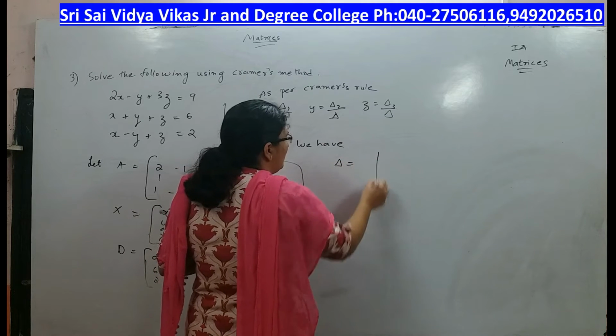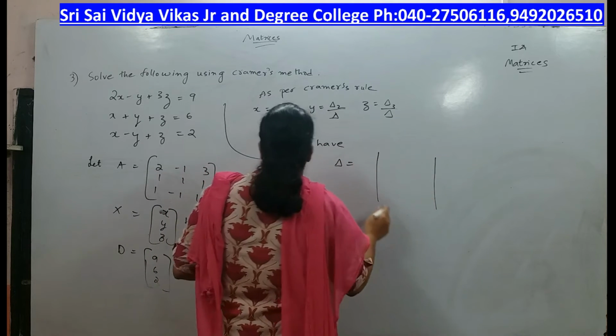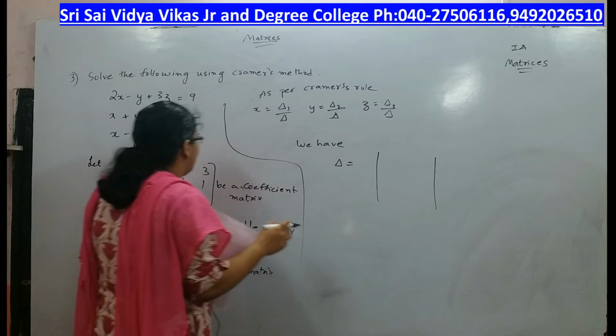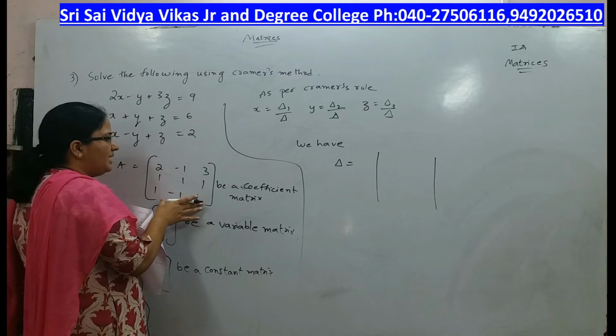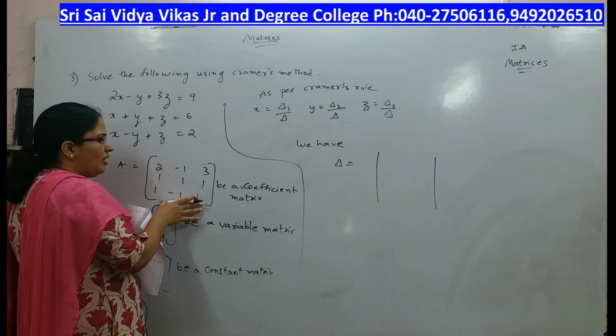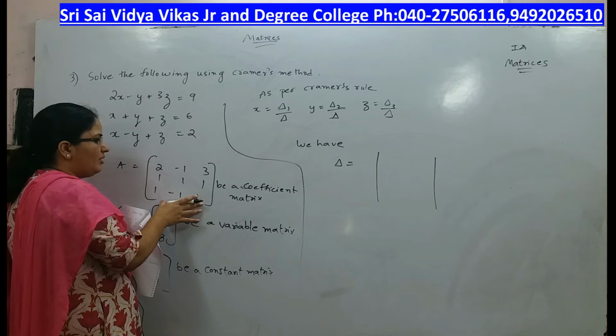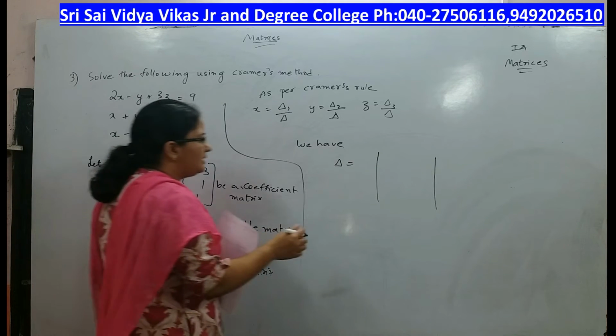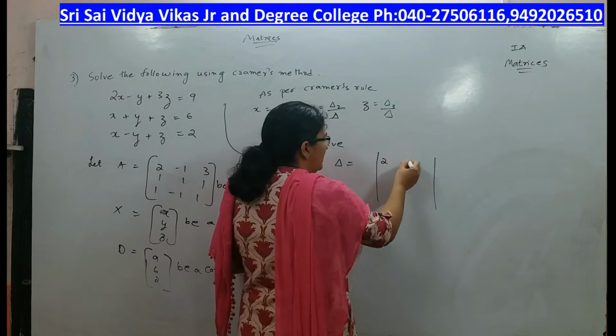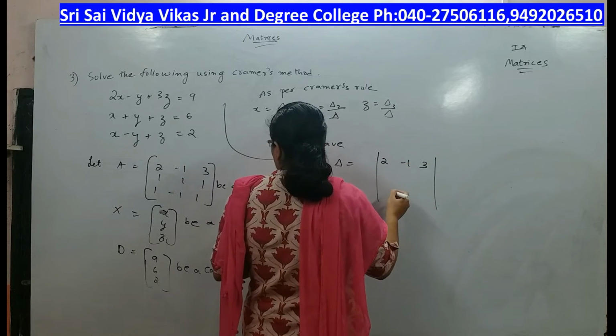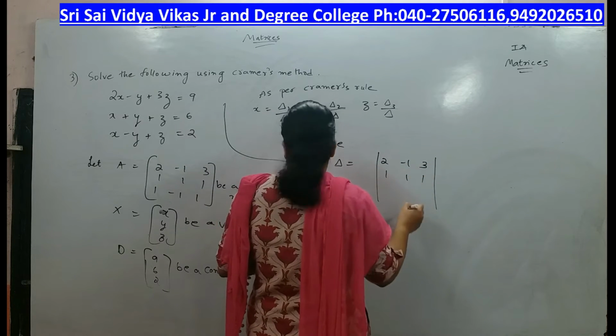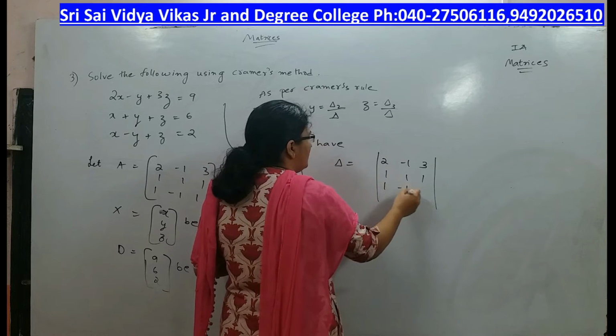We have delta is equal to, what is delta? Delta is nothing but the determinant of the coefficient matrix, that is 2 minus 1 3, 1 1 1, 1 minus 1 1.